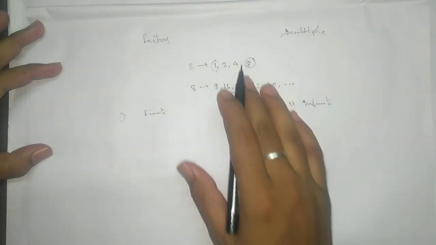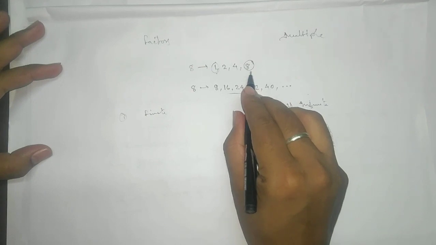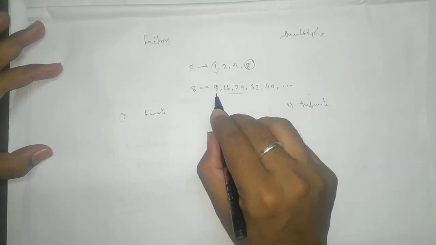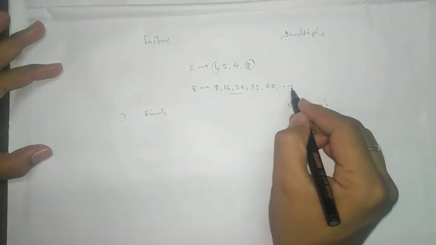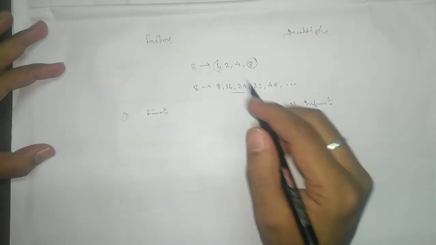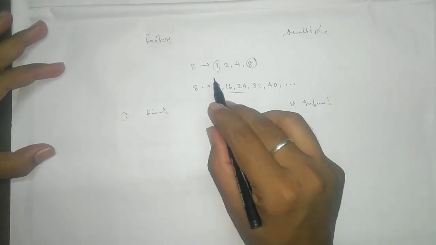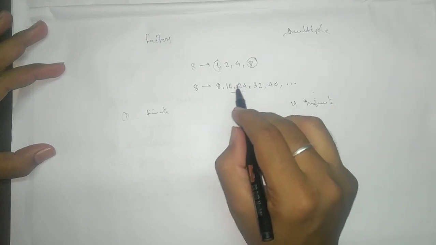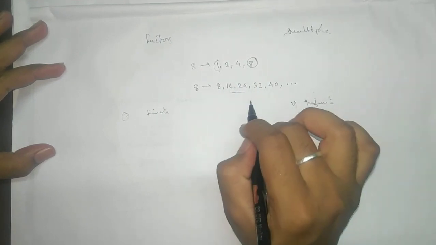In multiples, the minimum is the number itself and the maximum is not defined. In factors, minimum and maximum are both defined.